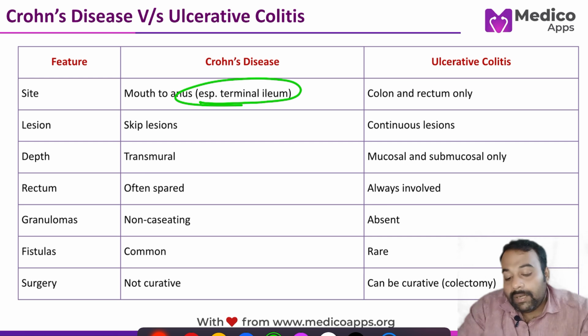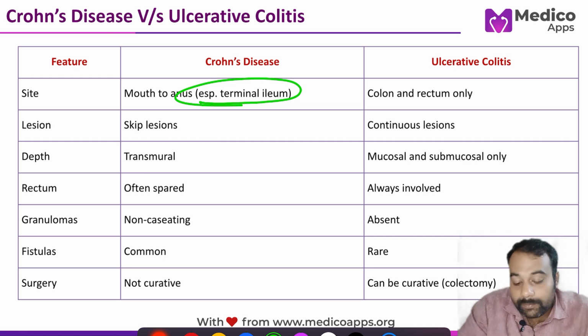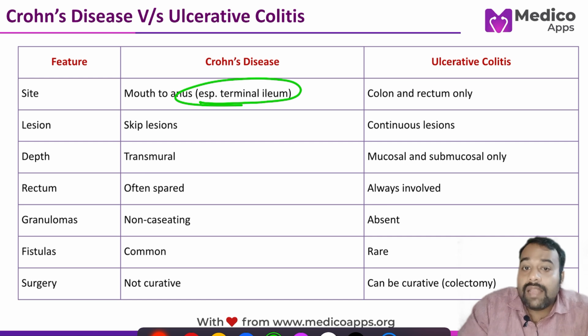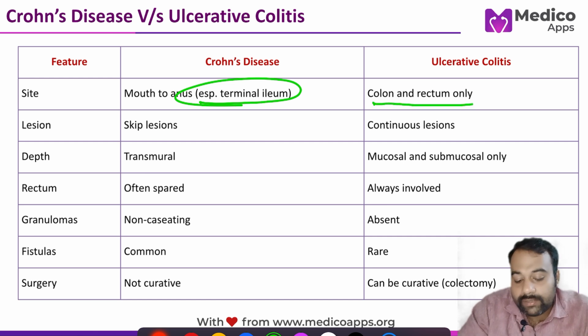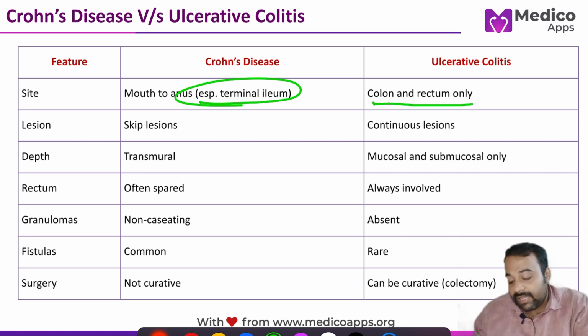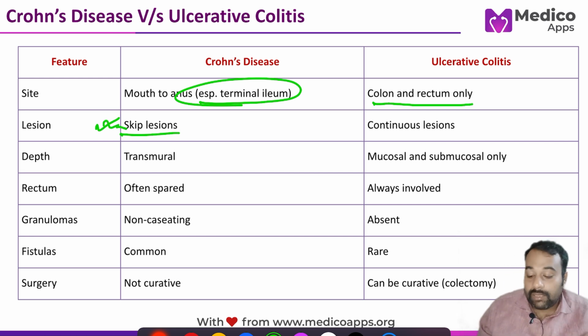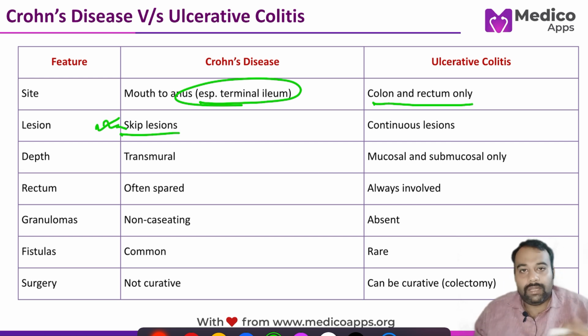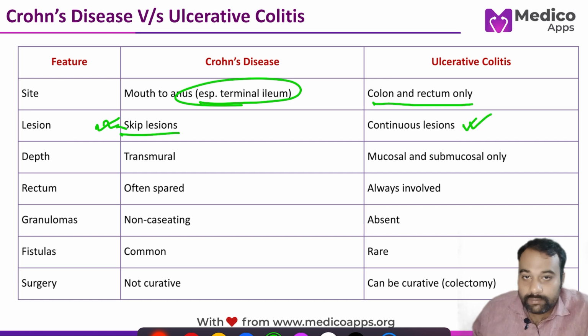But in ulcerative colitis, as the name colitis suggests, it mostly involves the large intestine, typically the colon and rectum only. In Crohn's, there is a skip lesion, which is characteristic of Crohn's. But in ulcerative colitis, there is a continuous lesion.